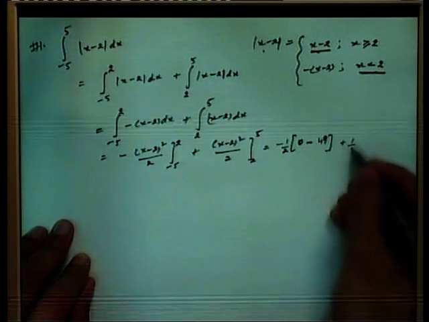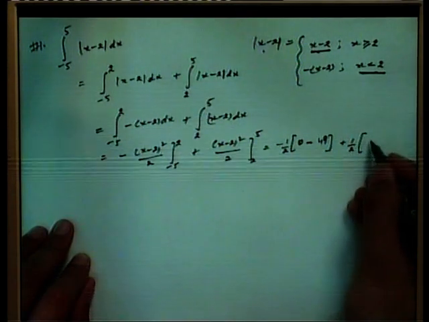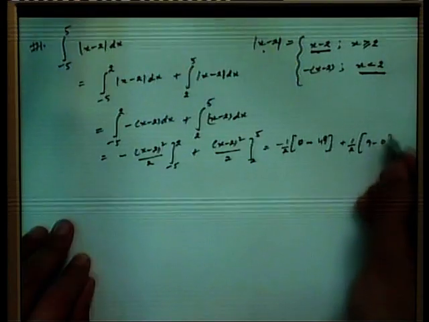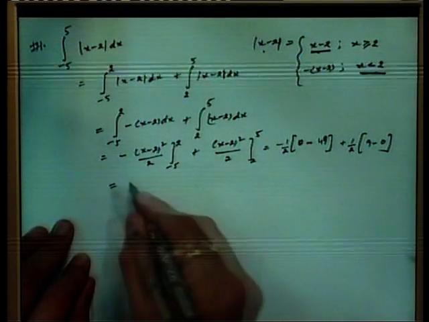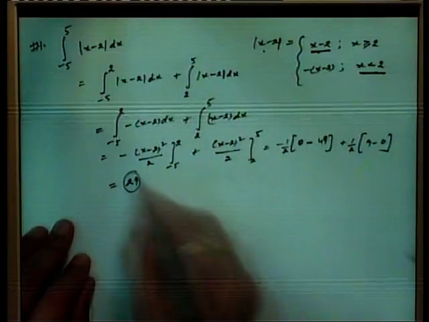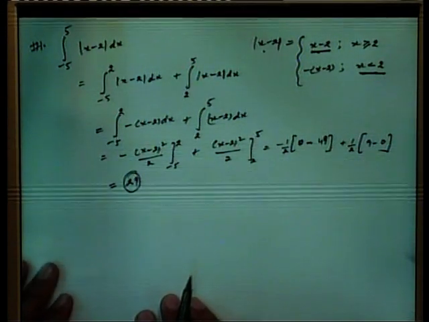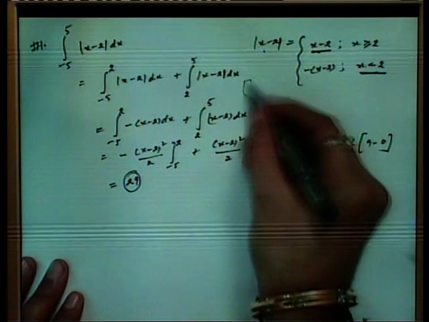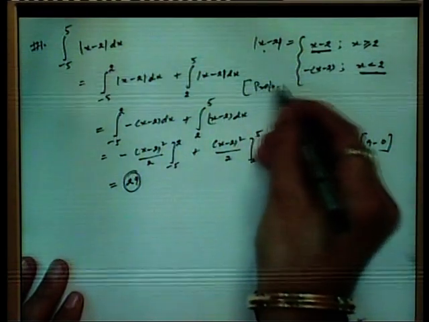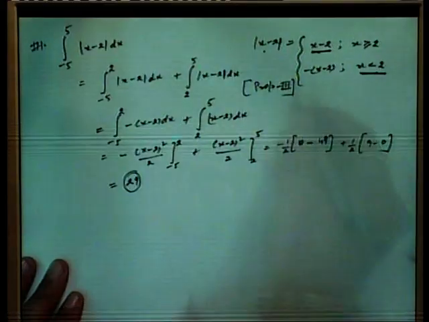Similarly, in the second integral, you get 9 minus 0. So on solving, you get 29. This is again a definite value. So here we used property number 3.